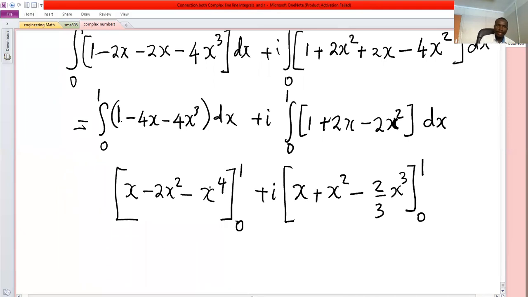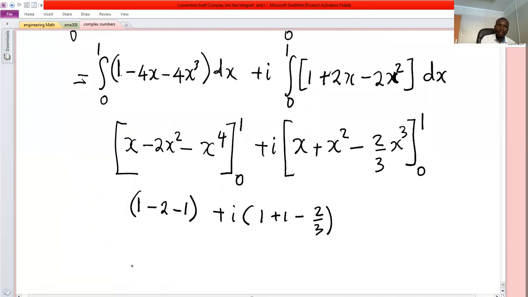Because every term has x, the lower limit will be 0. So they're the same as 1 minus 2 minus 1, plus i into 1 plus 1 minus 2 over 3.